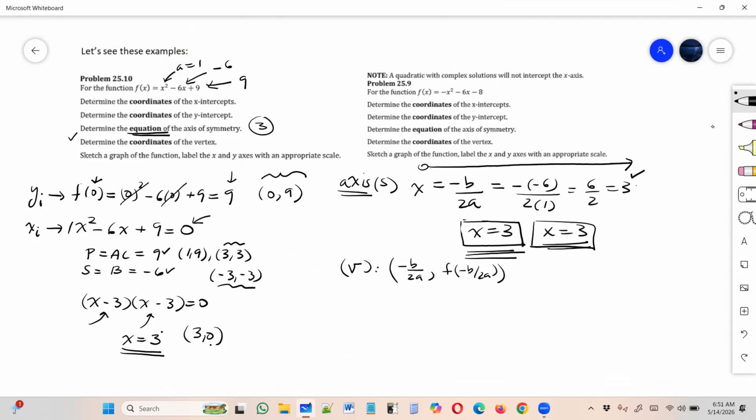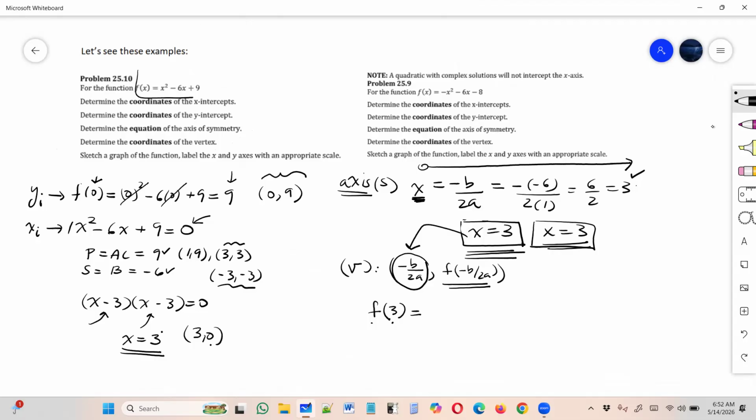But all this means is whatever this value is, it's the axis of symmetry. So it's the same value. And this function is the function evaluated at the point of the axis of symmetry. That's all. So whatever value you got for the axis of symmetry, you're going to evaluate the function at that point.